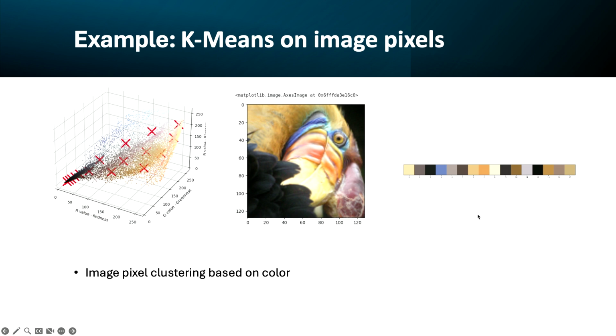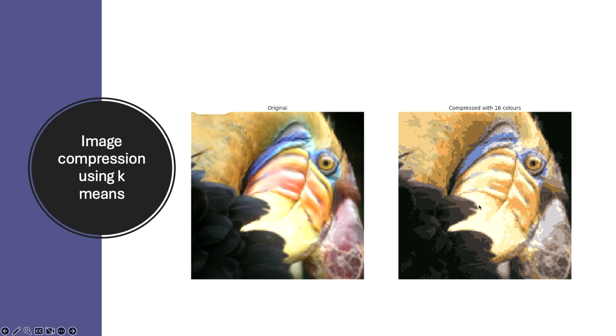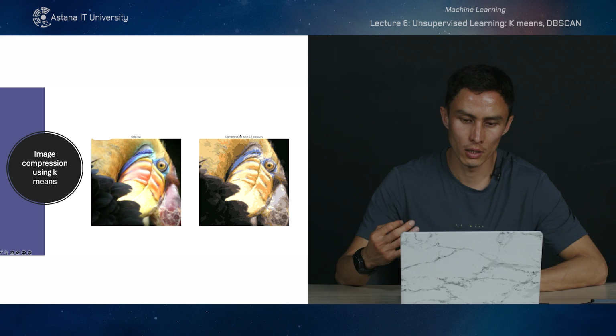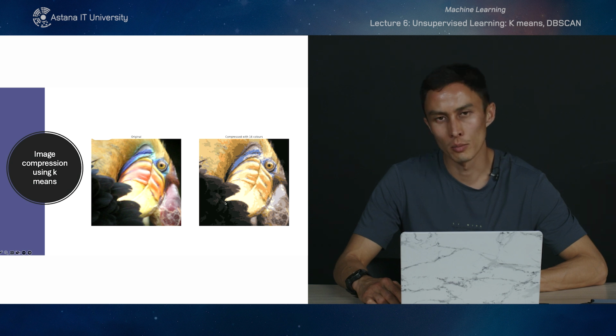Using this knowledge, we can, for example, compress the image. Originally we had this image, and using k-means clustering we compressed it. For the closest pixel values, we calculated the mean value and replaced them with the mean value. This is how image compression can be done using the k-means algorithm.